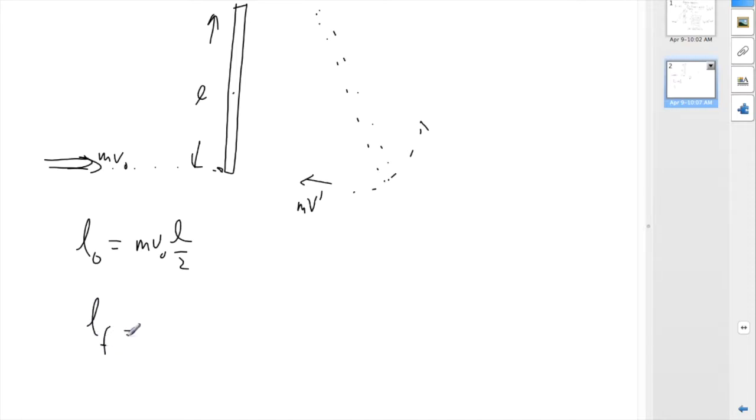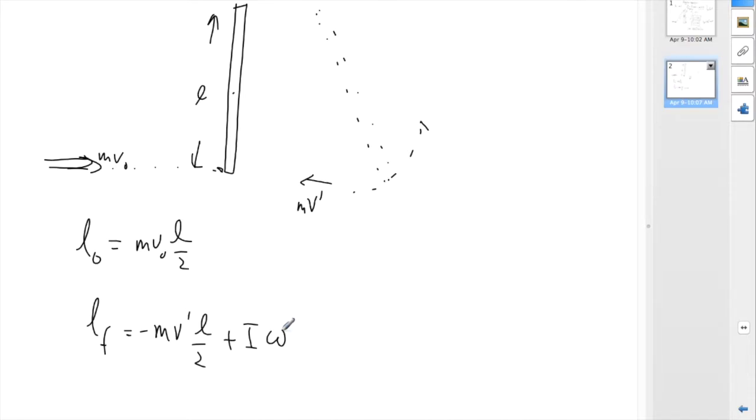L final is, and this is where you have to be a little careful, M, what I've called V prime, L over 2, and now I put a minus sign because it's going to the left, plus I of the rod times its angular velocity.